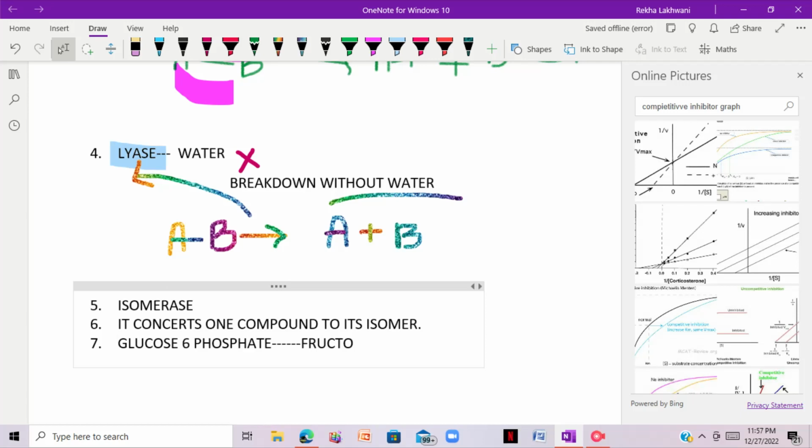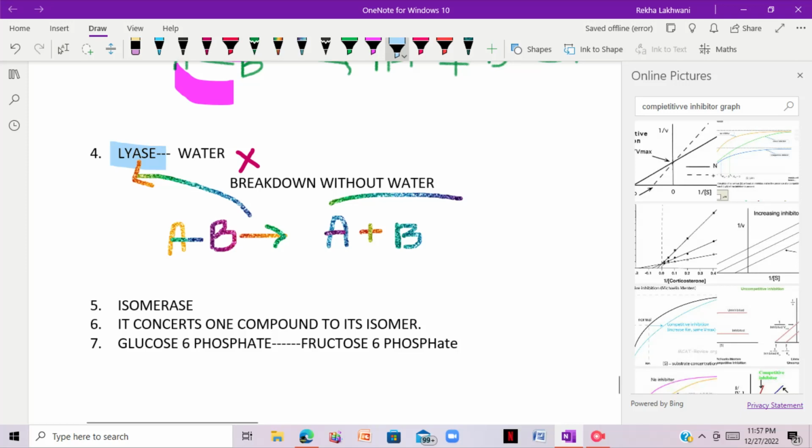Basically what is done over here? It helps in the joining of molecules. It is not for breaking down the compound, only joining. It will form AB. So basically this is the work of ligase. So I hope the types of classification of enzymes is clear to you.